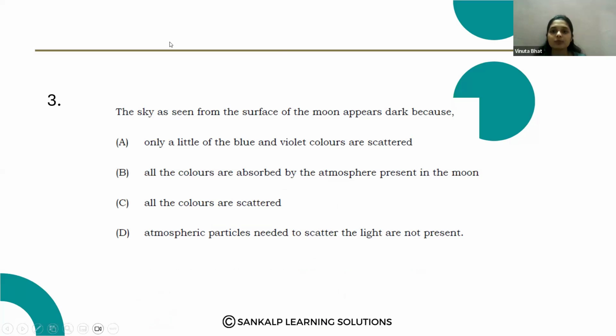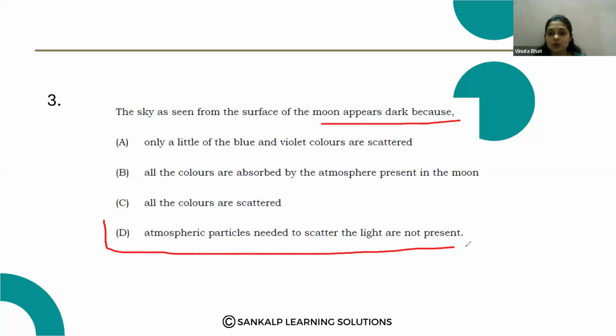Here, the sky from the moon appears dark because the atmospheric particles needed to scatter the light are not present. Without atmospheric particles, the light will not scatter. So in the moon there are no atmospheric particles, so the sky from the moon looks dark. Option D is the correct answer.